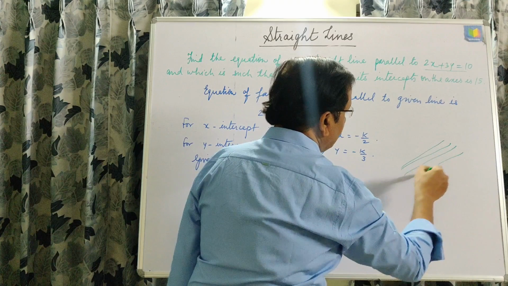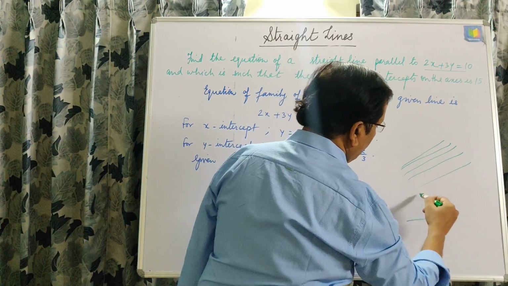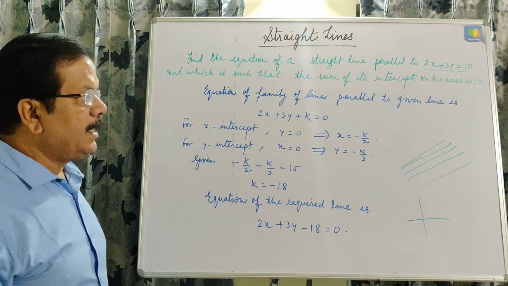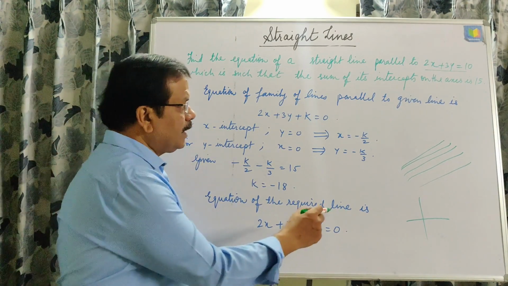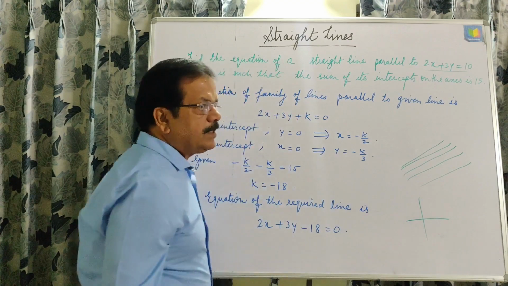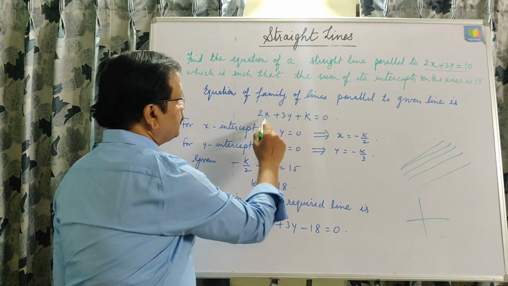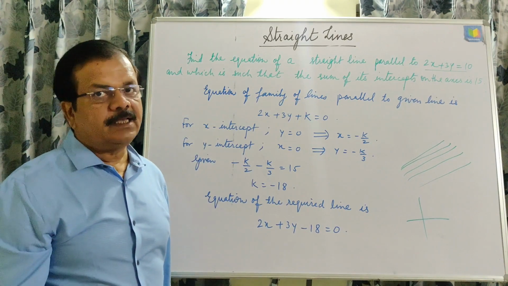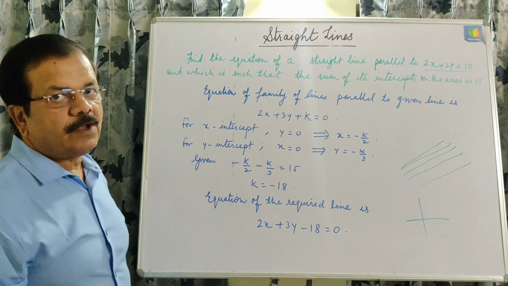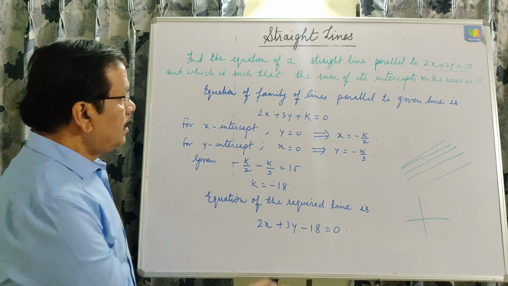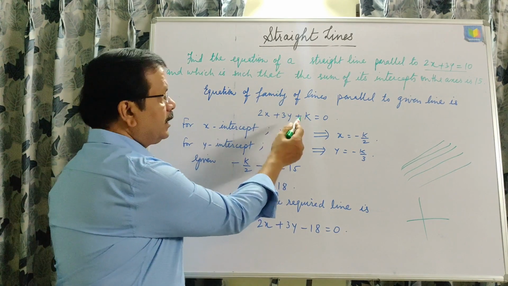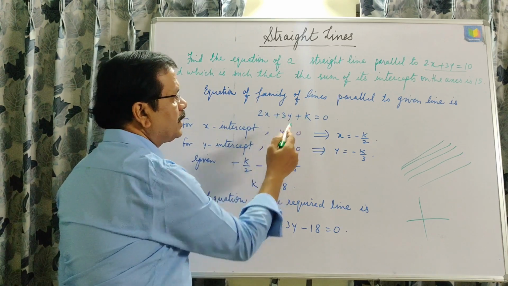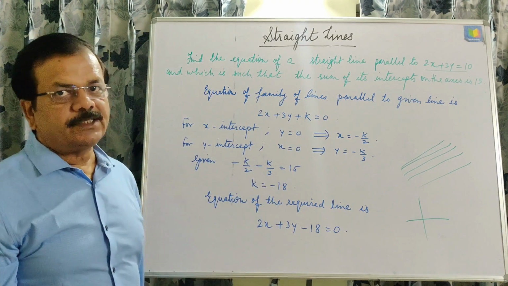In the same way, there will be infinite number of lines which will be perpendicular to any line. That is why we can write the general equation of the parallel line as 2x plus 3y plus k is equal to 0, and in case of lines being perpendicular, the coefficients will be interchanged with a minus sign, that is bx minus ay plus k is equal to 0, and the rest of the steps will be the same.